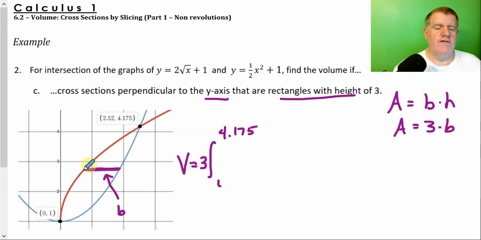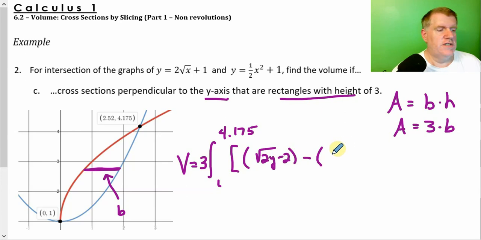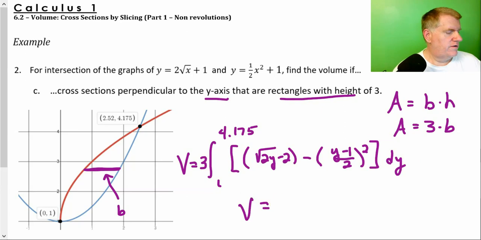Well, the blue graph minus the red graph. So the blue graph is square root of 2y minus 2 minus the red graph, which is y minus 1 over 2 squared. With respect to y, put it in your calculator, and you get the answer of 8.